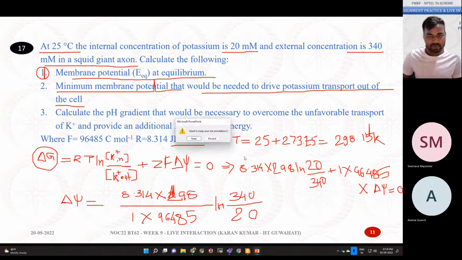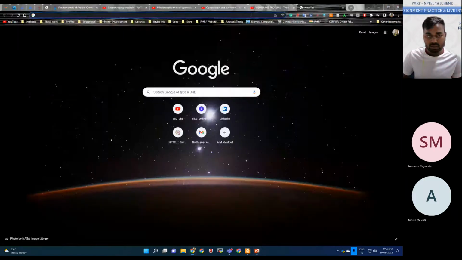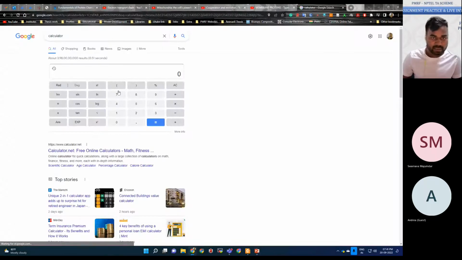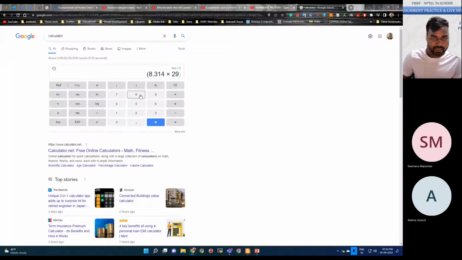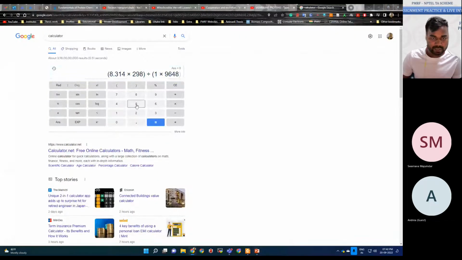Or I will use the calculator. Okay, so here you have 8.314 multiplied by 298. Then this particular thing divided by 1 into 96485, right?